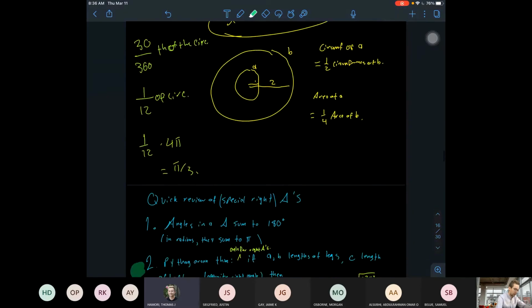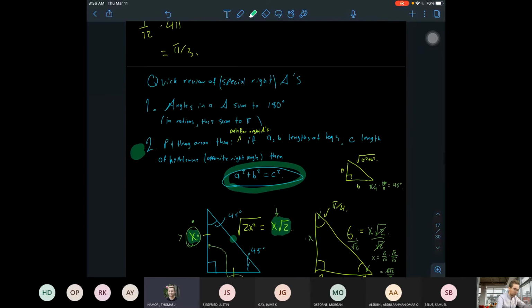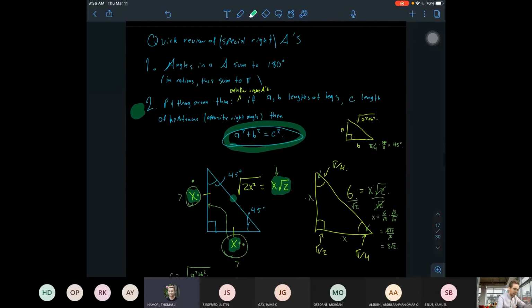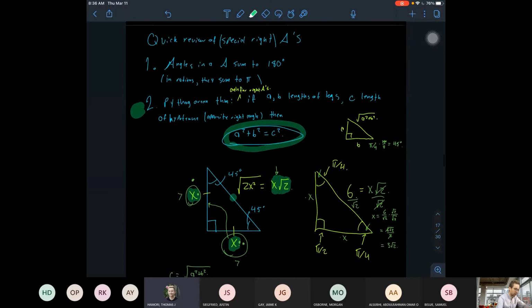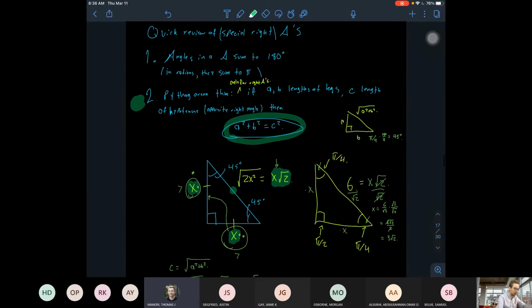And then we started to talk about the unit circle, and the preliminary thing that we needed to know to talk about the unit circle was a review of how triangles work. First of all, the angles inside a triangle add up to 180 degrees, or if you're talking about radians, then they sum up to pi.